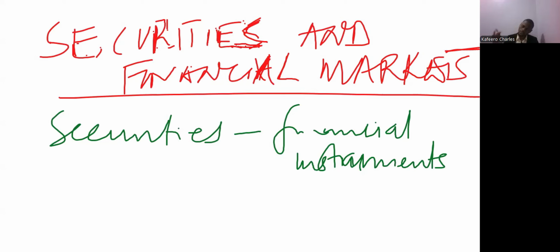We want to look at the instruments, the financial items, and where they are sold: financial instruments and financial markets. The way you were taught financial markets at your level 2 is the same way we are looking at them here at level 3.